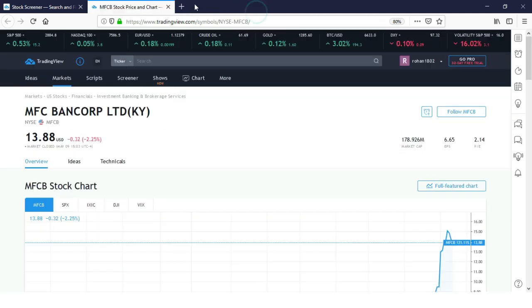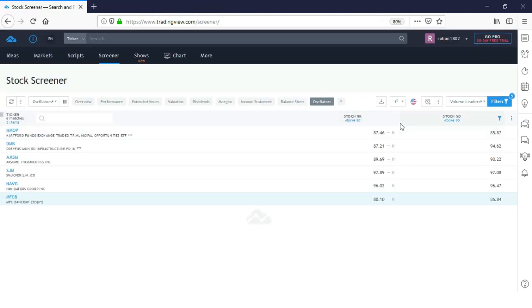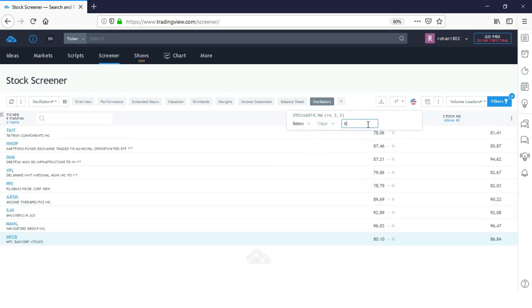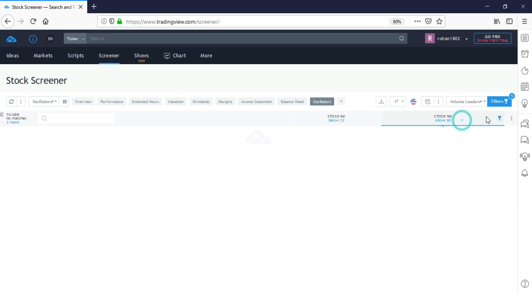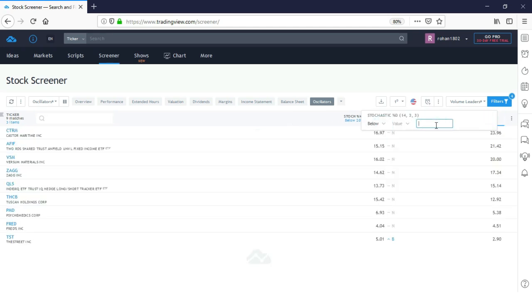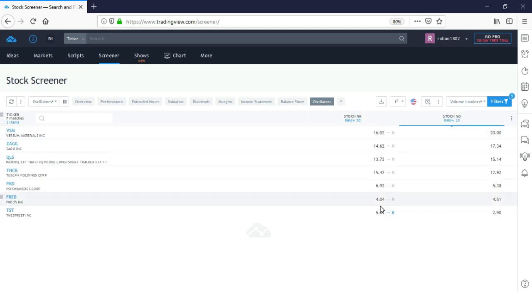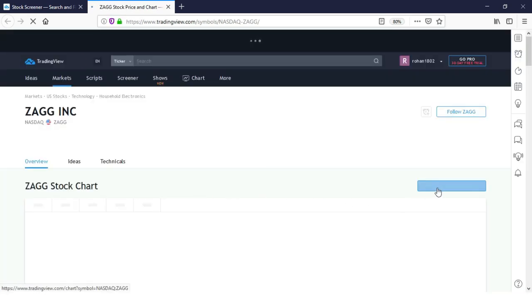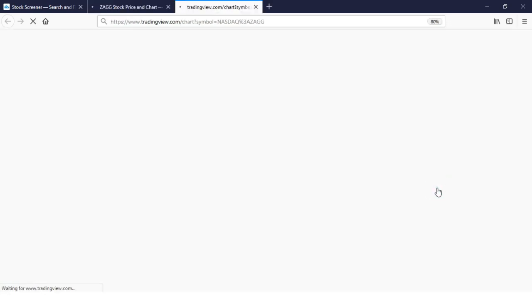Now we can identify the stocks with stochastic below 20. So we use below 20, and here also we use below 20. These are the stocks which are below 20, like ZINC, and we just check whether the stochastic is working well or not.